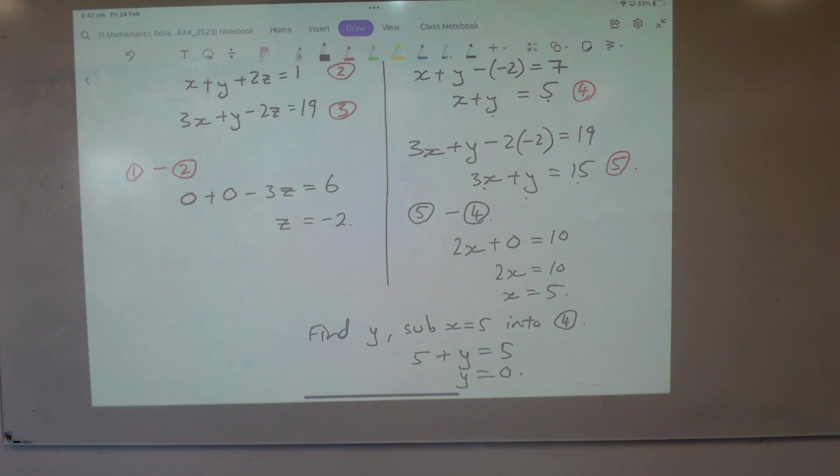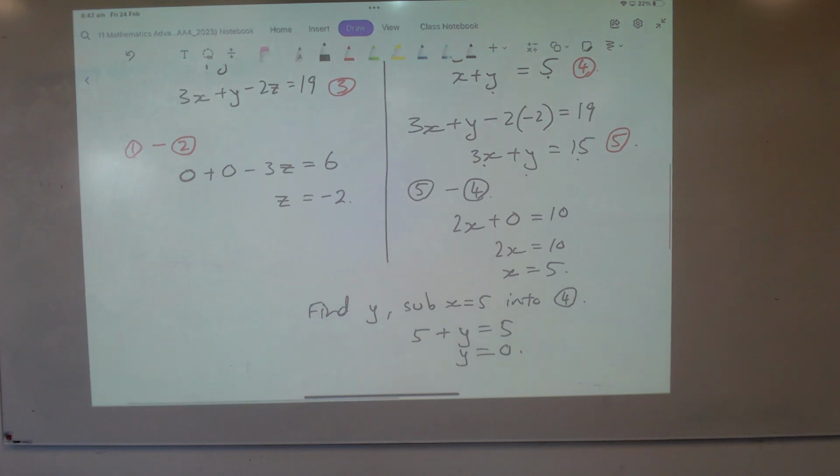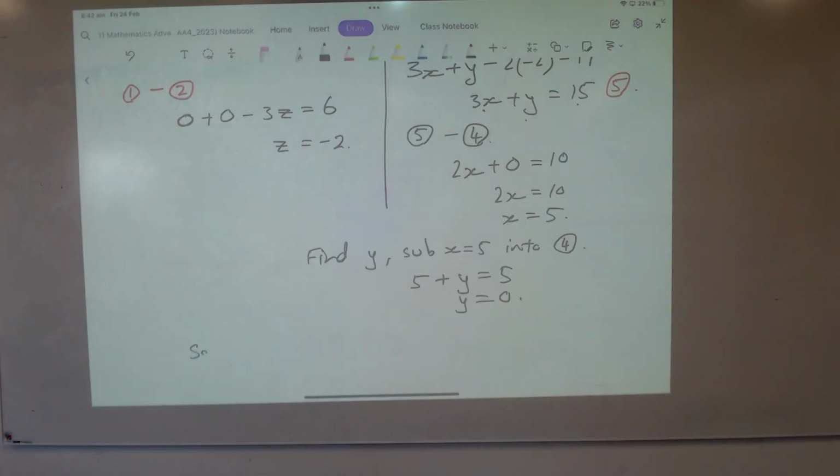So after all that work, we have been able to find that the solution is x equals 5, y equals 0, and z equals negative 2, which is what we have. And that's the solution. Alright? All happy with that? To see how we've done that.